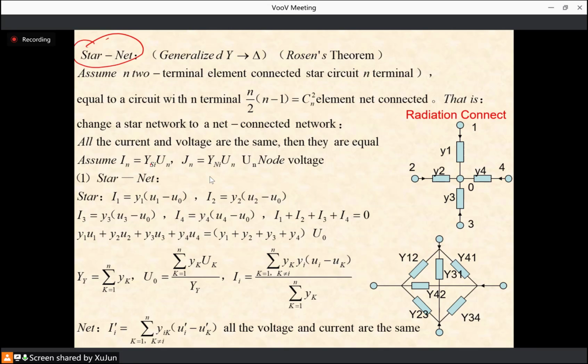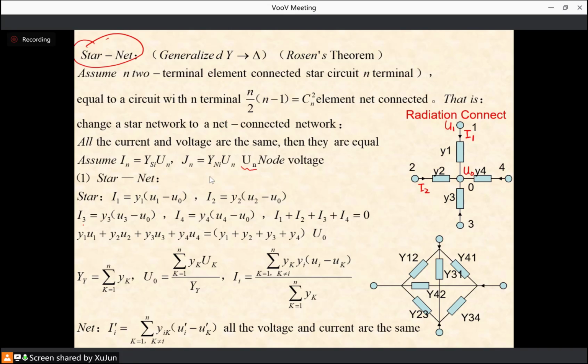Assume In equals Yn times Un, where Un is the node voltage. For the star connection, I1 is here, I1 is Y1 multiplied by U1 minus U0. This is I1. I2 is Y2 multiplied by U2 minus U0.